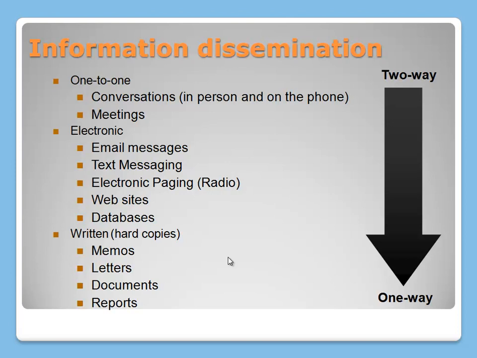Then it can be communicated through hard copies, such as memos, letters, documents, and reports, and that will be a one-way communication because that will be sent to the employees in the company or the project team, but we are not expecting any feedback or reply unless requested.